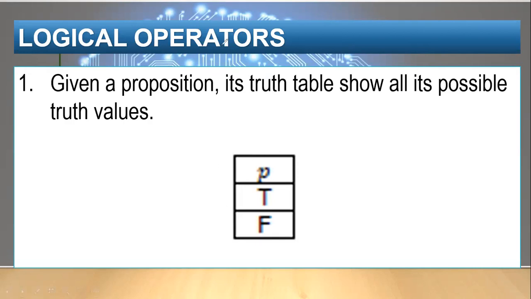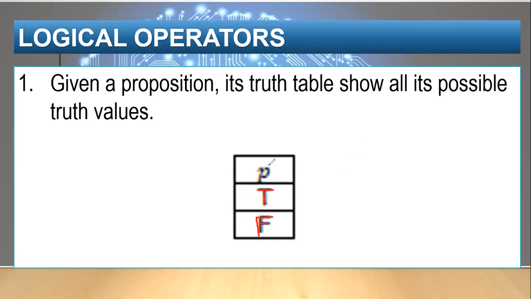On top, we will write the letter corresponding to a proposition. So proposition P, below that, we can say that it is either true or false. That is always the case.